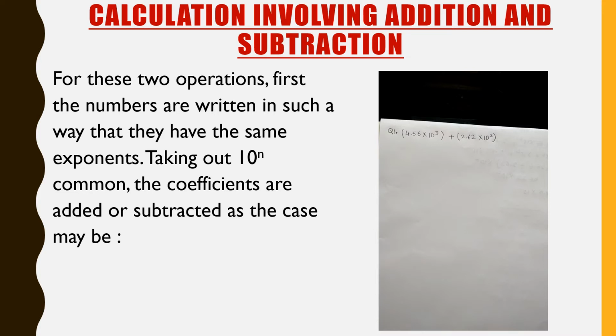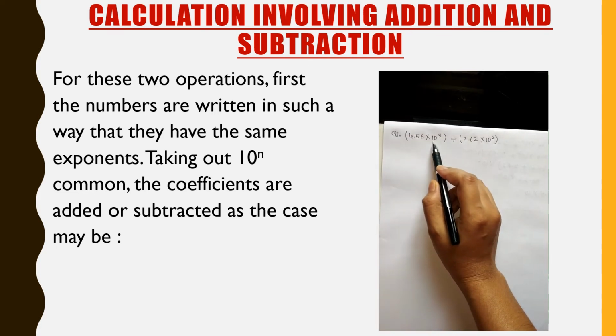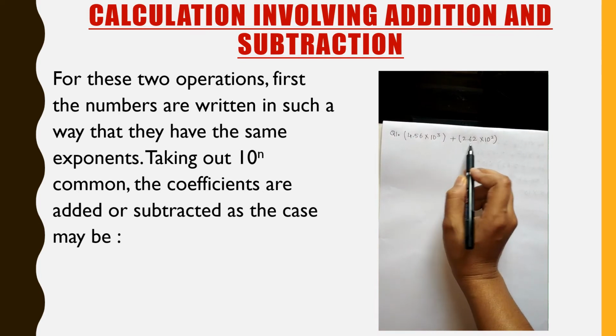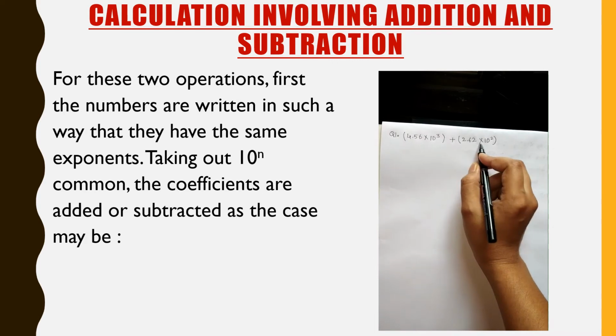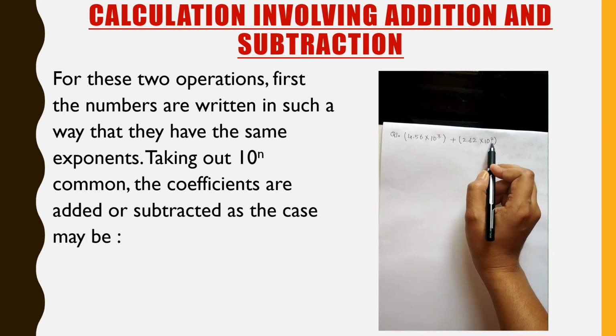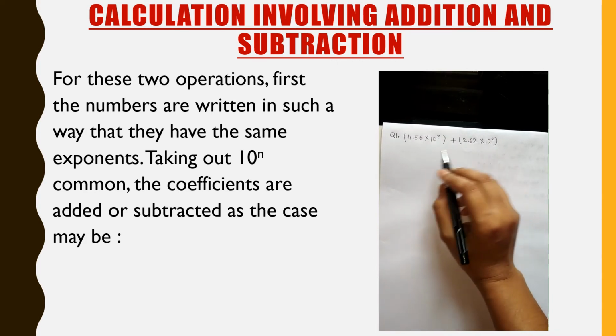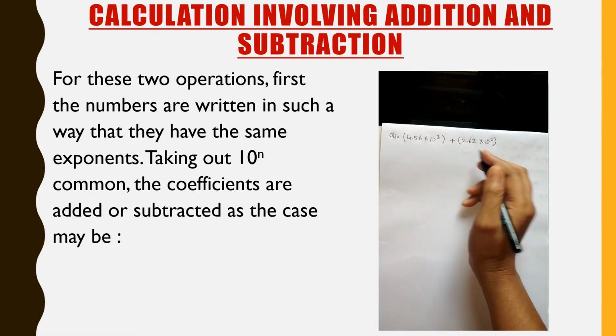Let us see some examples. First, let us take 4.56 into 10 to the power 3 plus 2.62 into 10 to the power 2. So we have to add both of them. For adding, first we have to make the exponents similar so that we can take out the same exponent common and then add up.